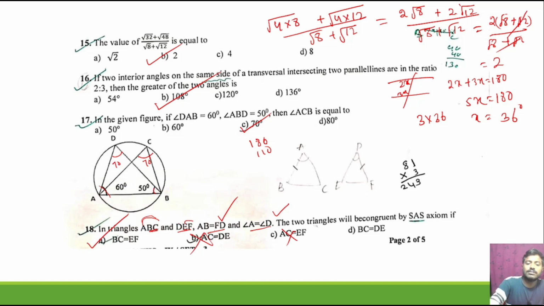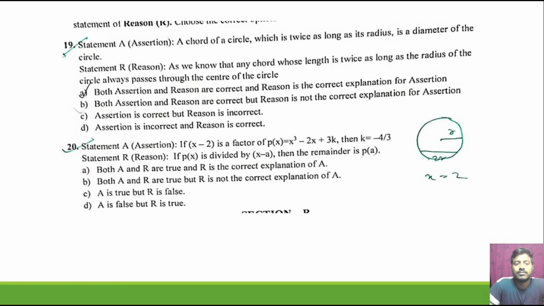Next question. Assertion: a chord of a circle which is twice as long as its radius is a diameter of the circle. Yes, true. Reason: as we know that any chord whose length is twice as long as the radius of the circle always passes through the center of the circle.